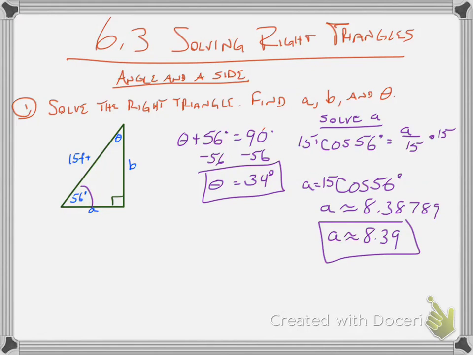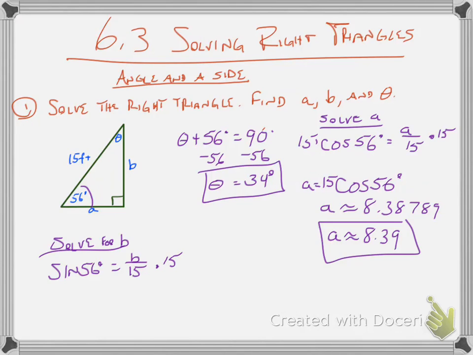And now to find B. To find B, I can use sine of angle 56, which is opposite over hypotenuse. My opposite is B, divided by 15, the hypotenuse.